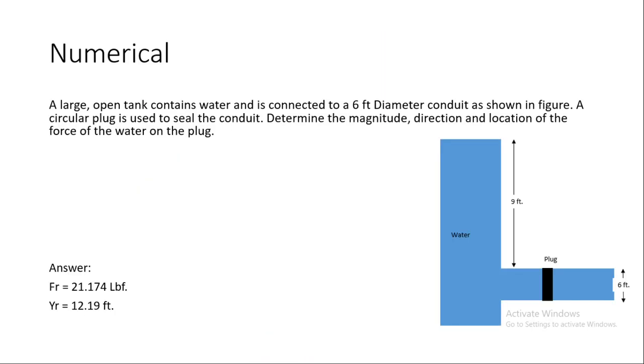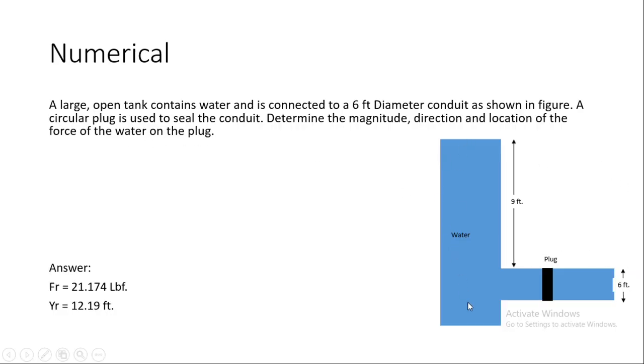After that, we have a numerical in which a large open tank contains water and it's connected with a 6-foot diameter conduit as shown in the figure. A circular plug is used to seal the conduit. Determine the magnitude, direction and location of the force of the water on the plug.